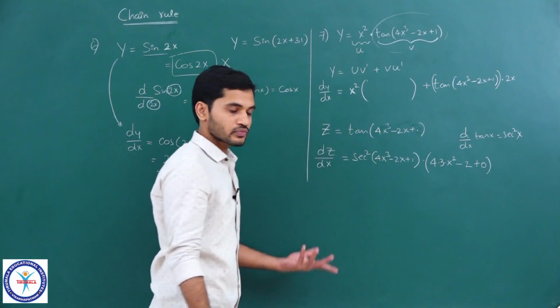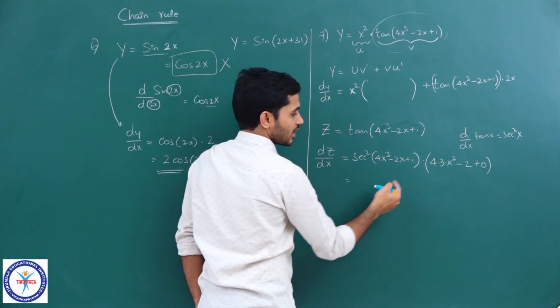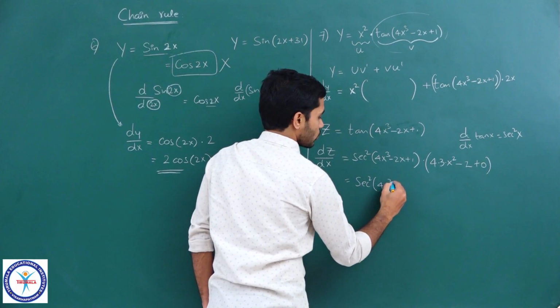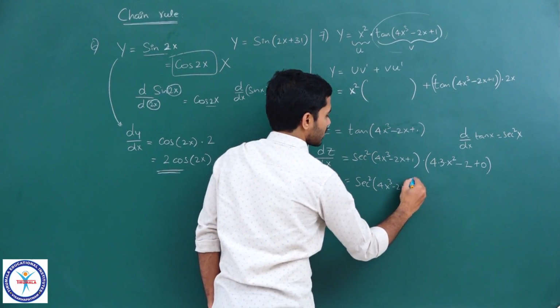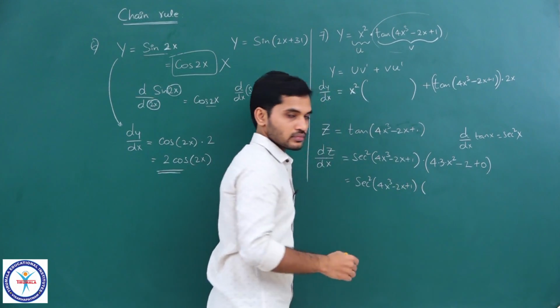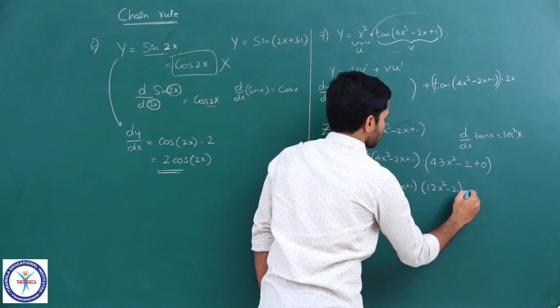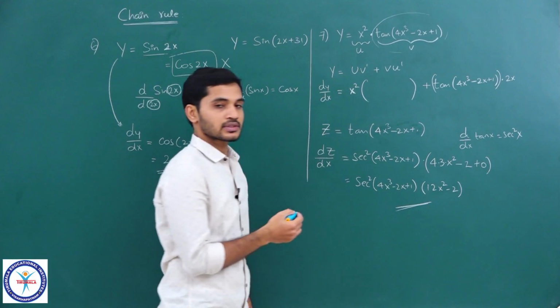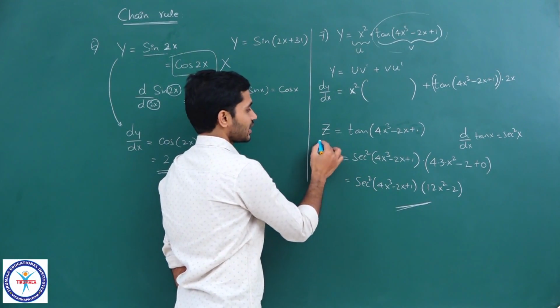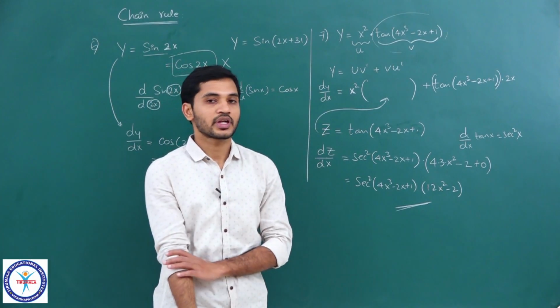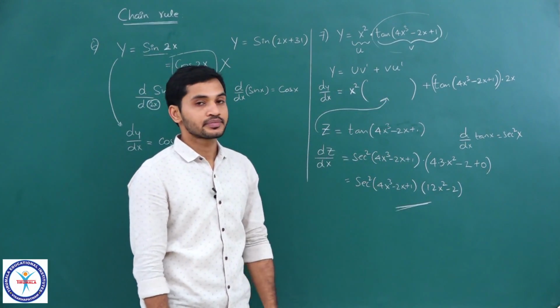That is it, we have done it. So, finally, I will be left with secant square of 4x cube minus 2x plus 1 into 12x square minus 2. That should be the answer, students, and you can substitute this result into the gap which we left there. So, that is the idea.